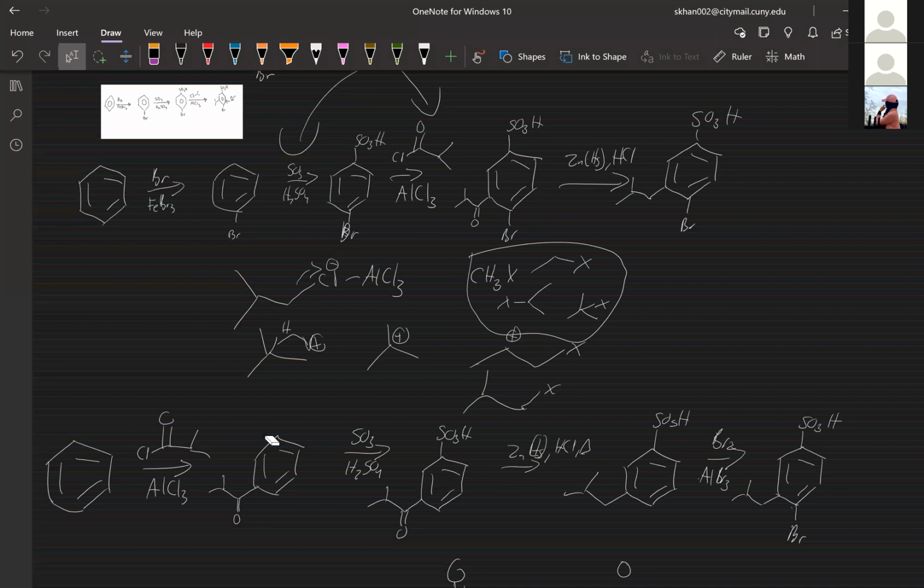Oh, by the way, if people want to know this, one person asked if he expects us to know how to use blocking groups, and he said yeah, because he went over desulfonation. So that's what I was showing you in one of the examples yesterday.